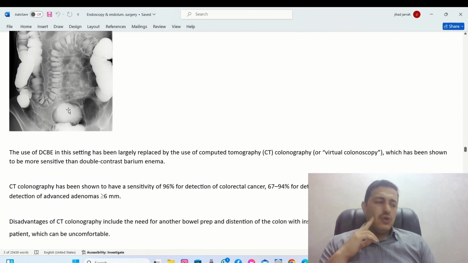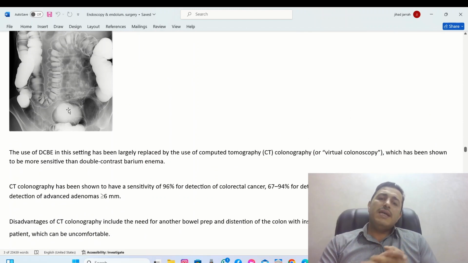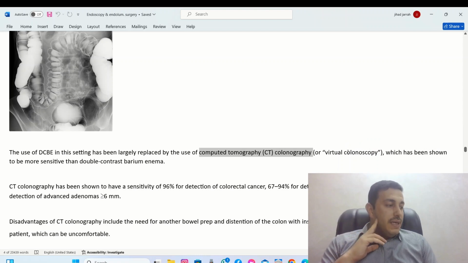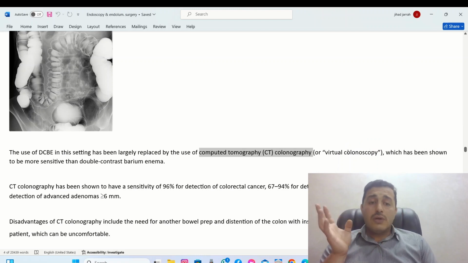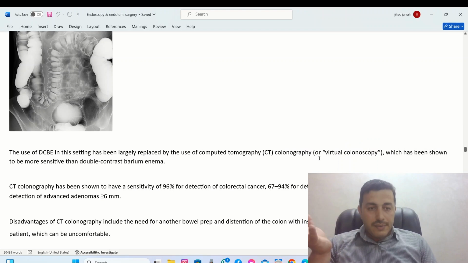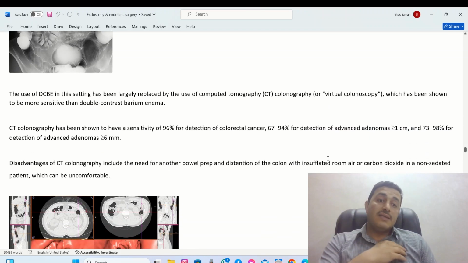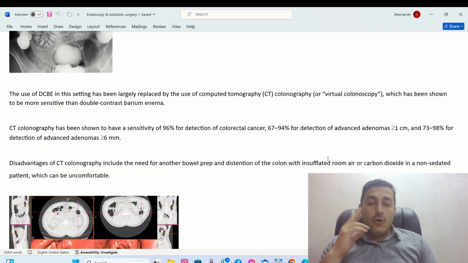These days, the double contrast barium enema is replaced by CT colonography, or what we call the virtual colonoscopy. The virtual colonoscopy requires bowel preparation, which may not always be adequate, and it's not available in all centers.